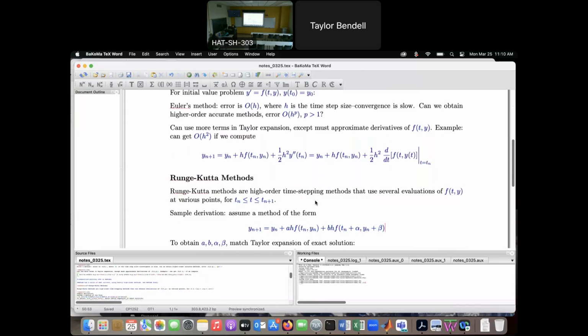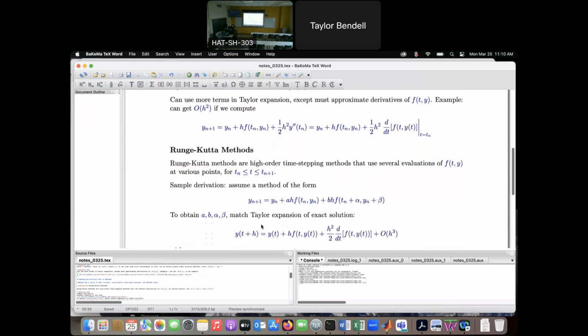And we have four unknowns: a and b, which scale the evaluations of f, and then alpha and beta, which evaluate f at a different point in the t-y plane. The goal here is to get second order accuracy with a method like this.